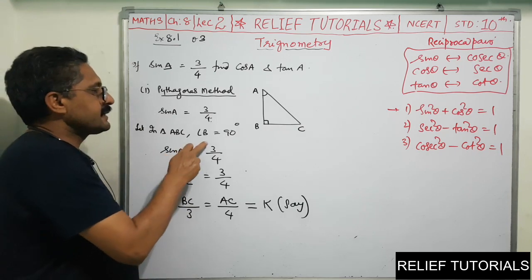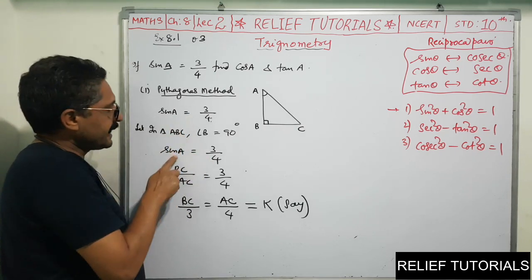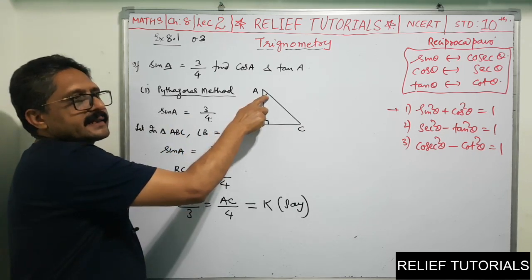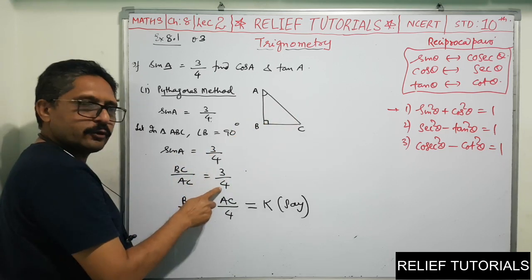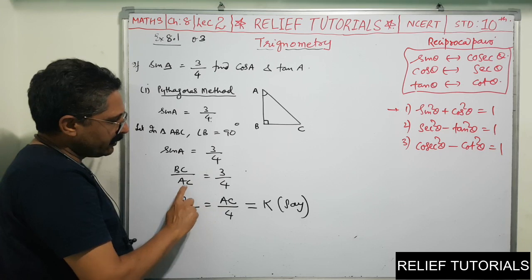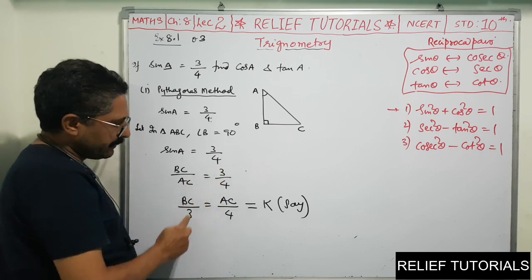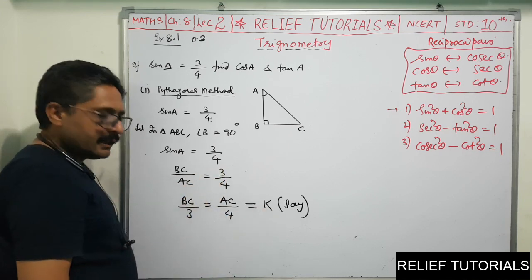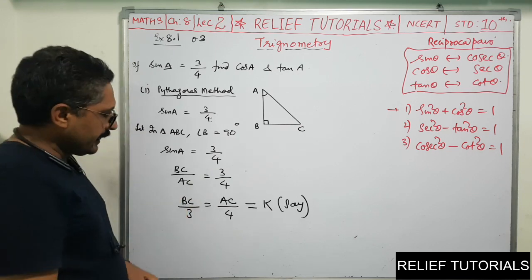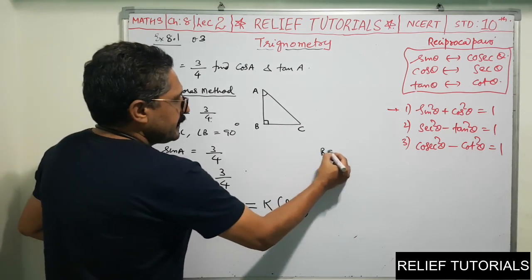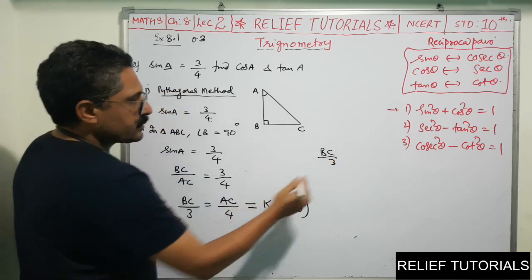See what I have done? Nothing. We have sin A equal to 3 by 4, which is given. Sin A, so you have to consider angle A. Sin is opposite upon hypotenuse, so I have written BC upon AC equal to 3 by 4. Then I have applied alternendo here. This AC will go here, 3 will come here, and that is equal to k, so that we can find the value of BC as well as AC. Then what we got: BC upon 3 is equal to k.